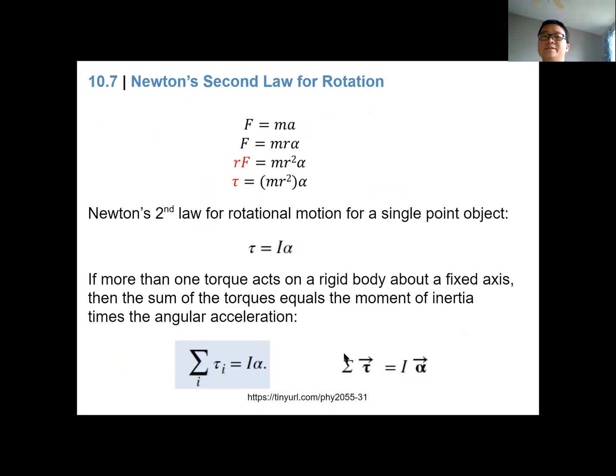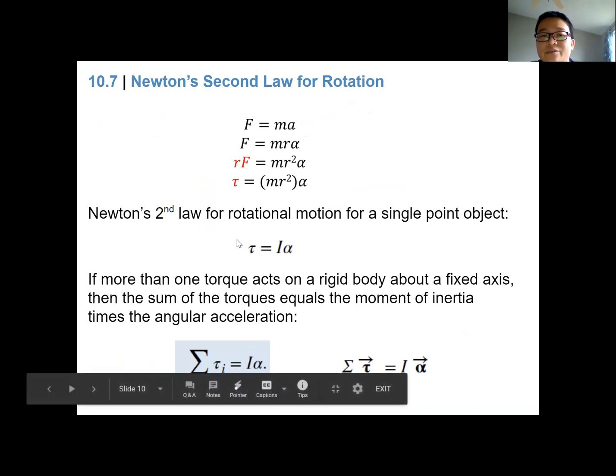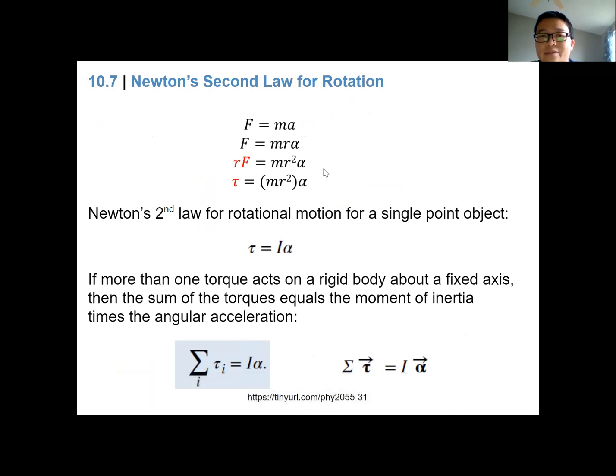All right, so Newton's second law in rotational motion can be written as tau, the torque, equals the moment of inertia I times alpha. The derivation is listed up here. This is for a single point object.